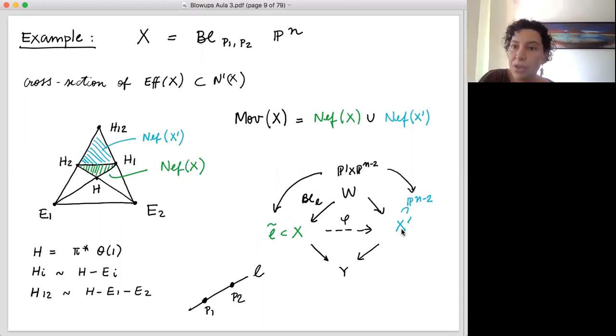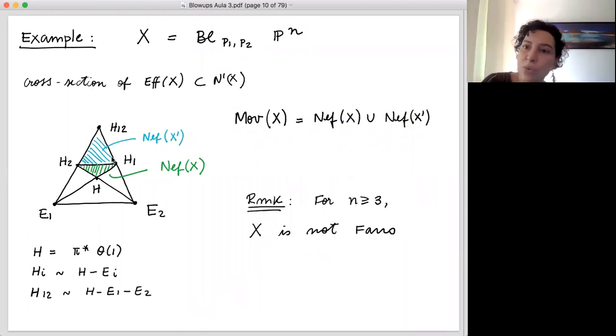Outside the strict transform of the line and the image of this Pn minus 2 in X prime, these varieties are isomorphic, so we can identify their cones of effective divisors. And in this way, we identify the Nef cone of X prime with a chamber of the effective cone of X. Okay, so this was the example that we explained last time.